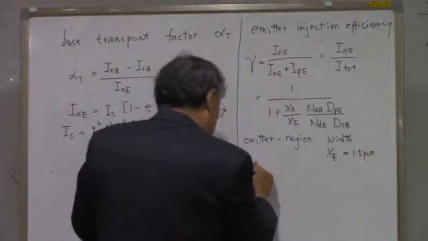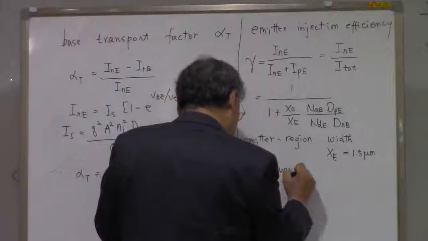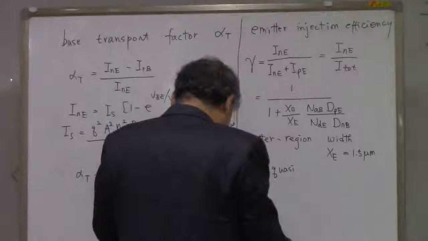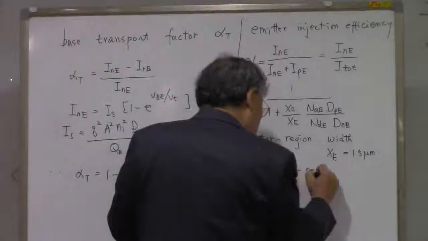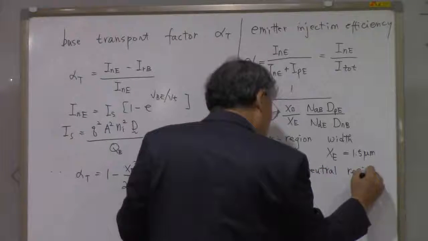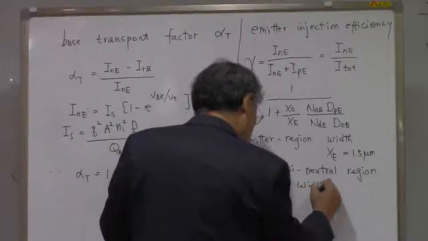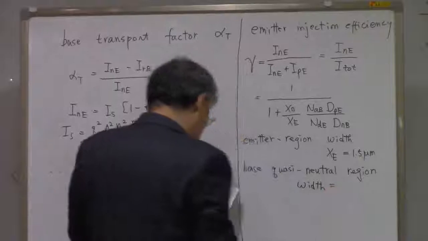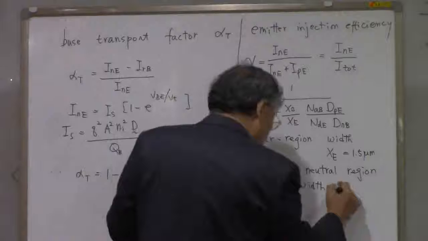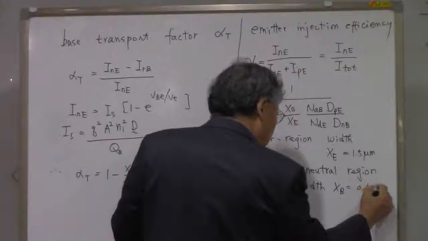The base quasi-neutral region width XP, let's set it to about 0.5 microns.